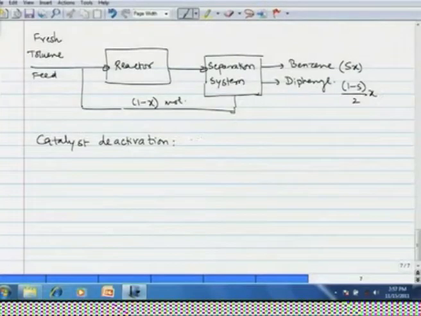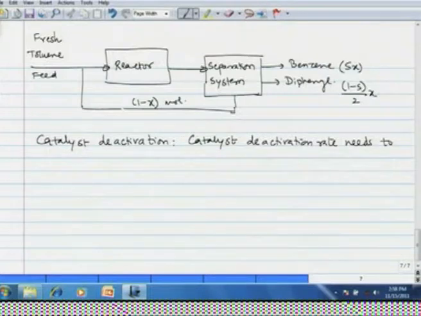Therefore, catalyst deactivation rate needs to be known while designing a reactor.